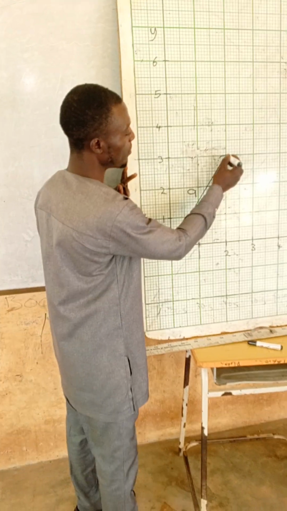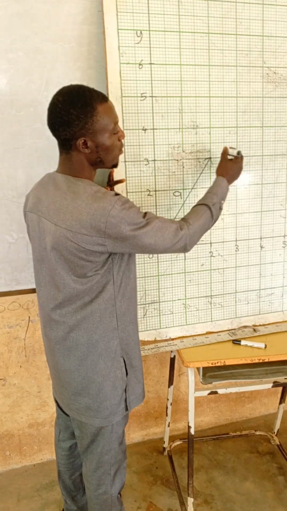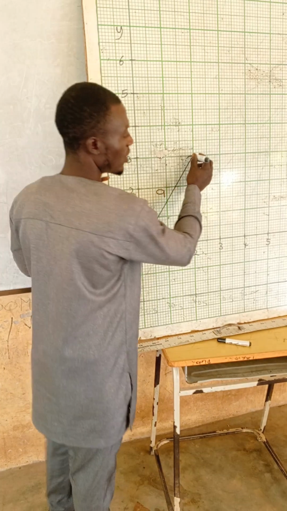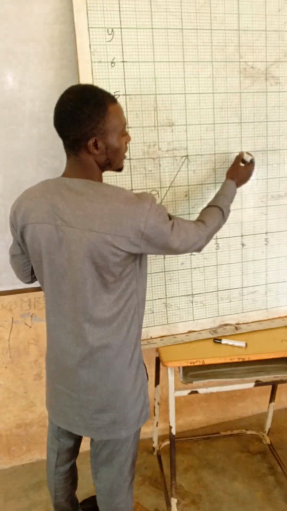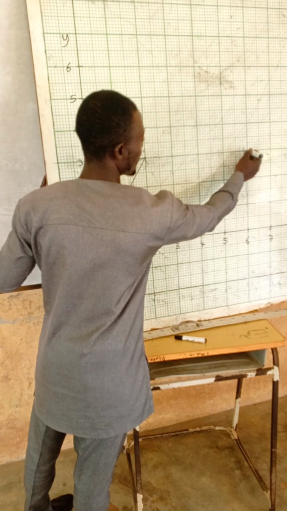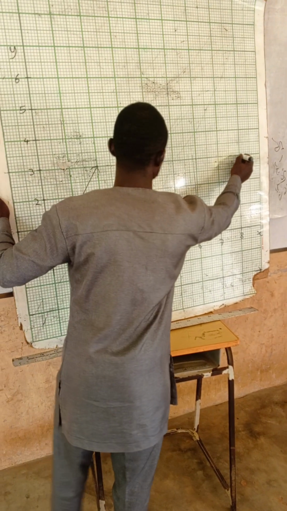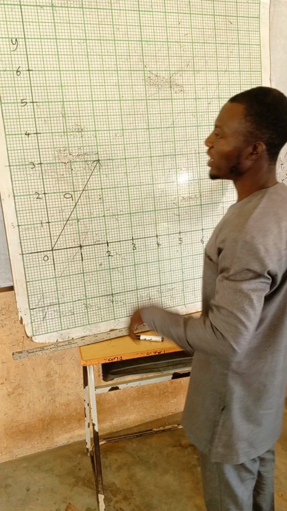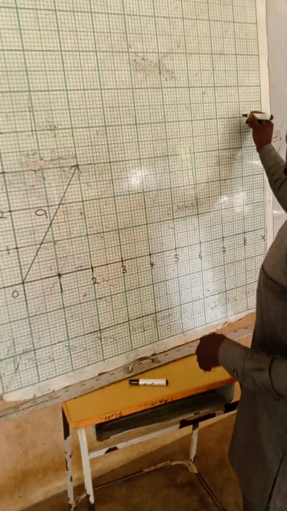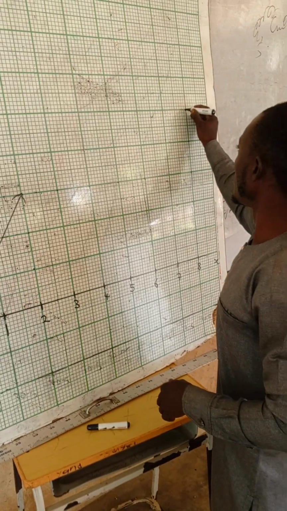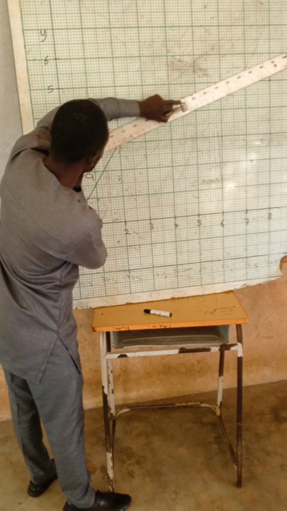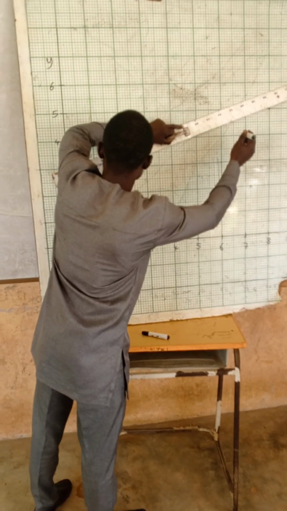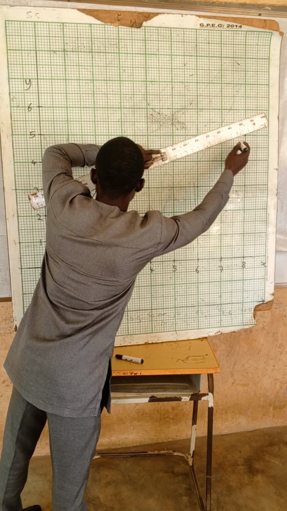It means that from this point we move 6 units along the positive x-axis. 1, 2, 3, 4, 5, 6. And then we move 2 units upwards. 1, 2. And this is where it ends. So we join that point to the head of vector A.